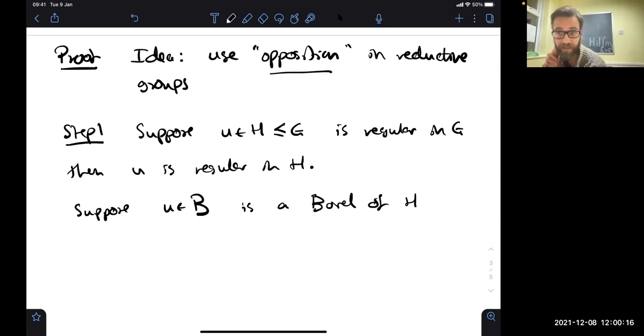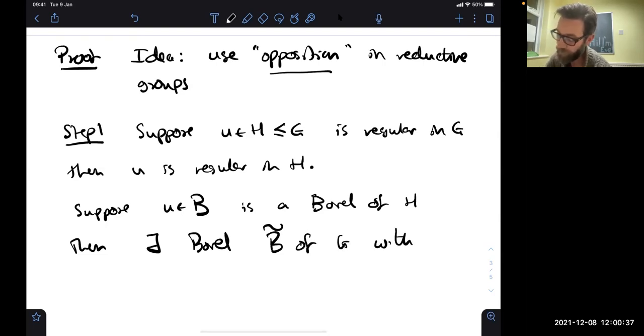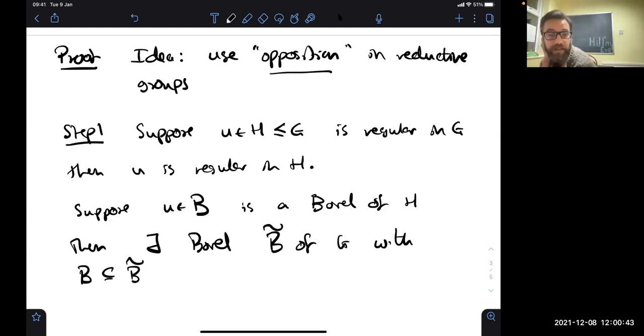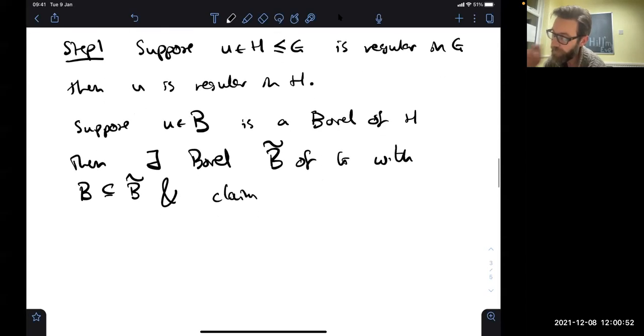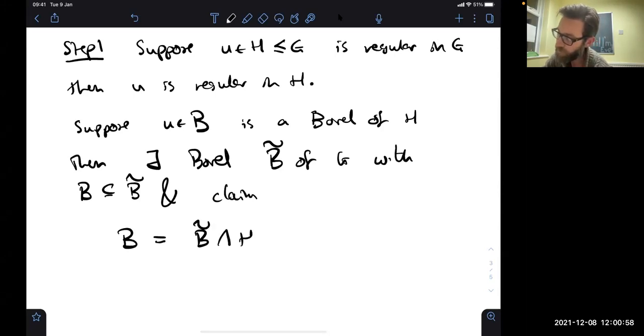B is a connected soluble subgroup of H, so it's a connected soluble subgroup of G, so it's certainly contained in a Borel of G. Okay, so then there exists a Borel, let's call it B tilde, of G with B contained in B tilde, and I claim that in fact B is equal to B tilde intersect H.